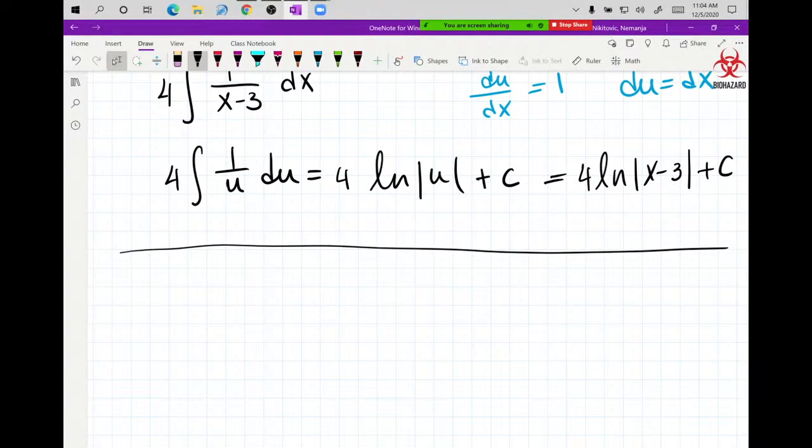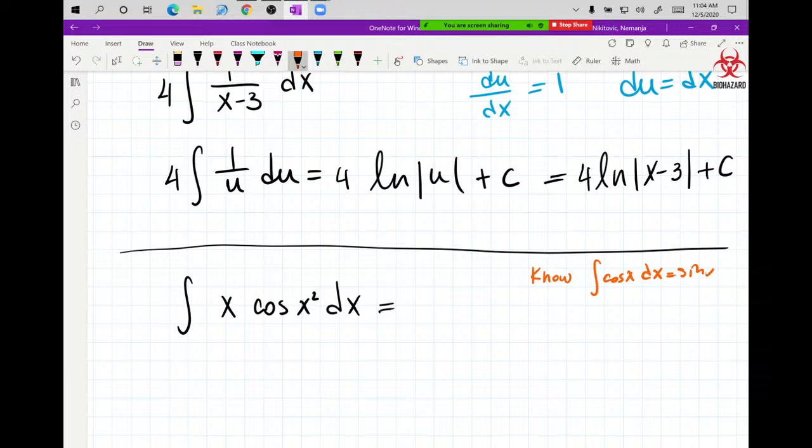Now, a somewhat more advanced situation is when you have something like this. Now, I can't really use the one I know from before. I mean, I could, but there is a much better way to talk about it. You can say, I know that the integral of cosine x dx is sine x plus c.